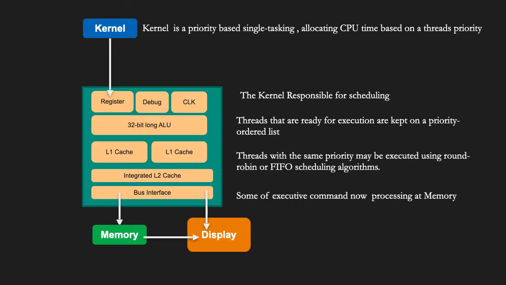So the kernel's primary task is to allocate instructions to the CPU, particularly in the register area of the CPU. It is single task, so it gives instructions per task.